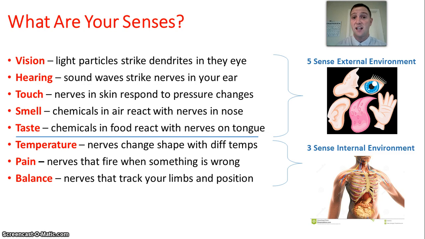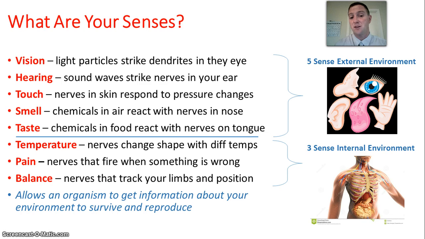Because I have nerves that track where my limbs go, where my head goes, and I know my body's position, even if I can't see it. You don't look at your feet when you walk, but you know they're there, and you know where your next step is. This allows an organism to get information about their environment. Why? So they can survive and hopefully someday reproduce.